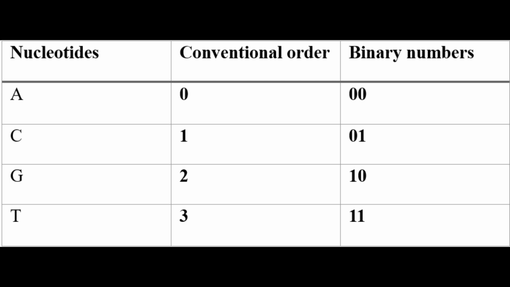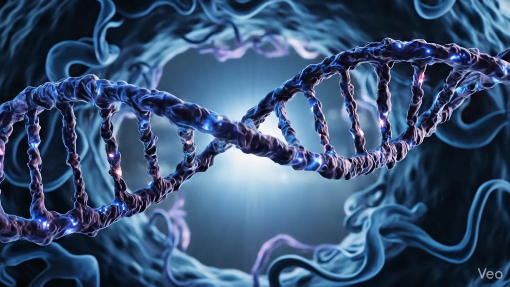As computers use binary zeros and ones, DNA uses four bases by assigning binary values to each nucleotide, as we saw before. Any digital file can be translated into DNA sequences. DNA is not just a biological molecule, but a powerful medium for digital storage.